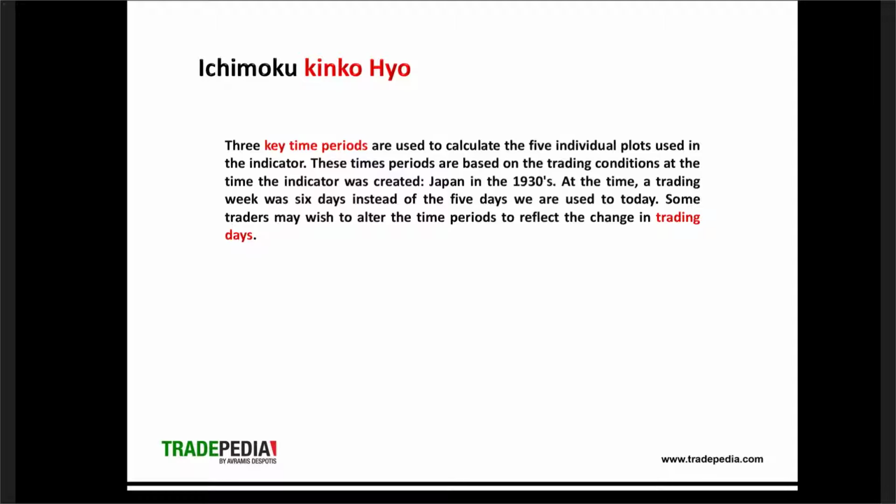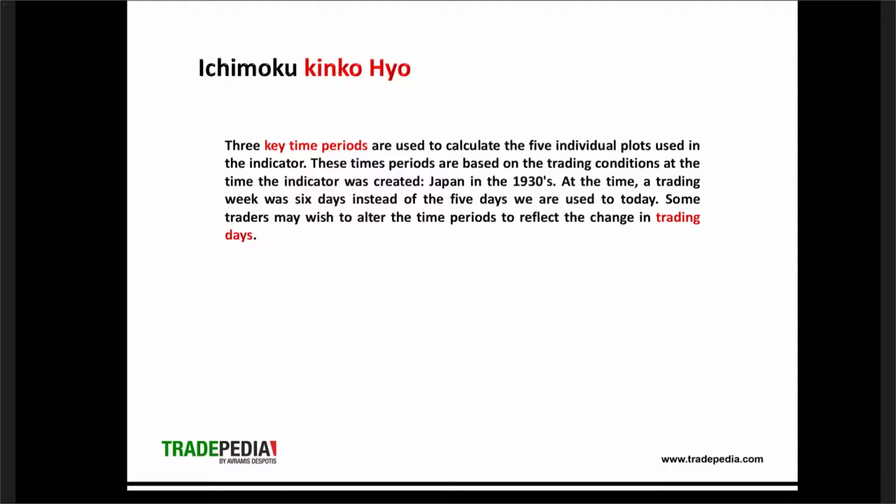Back then, in Japan in the 1930s, a trading week was 6 working days. Yes, Saturday also used to be a working day. So the periods used by default reflect the 1930s Japan calendar, 6 working days to the week.